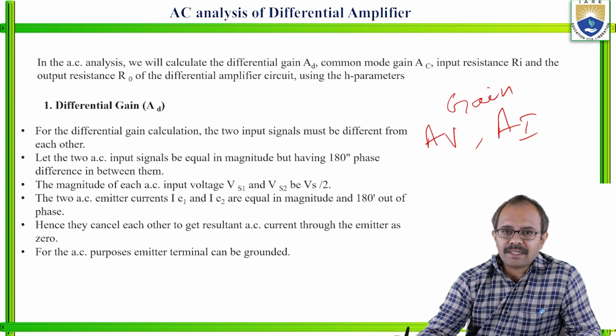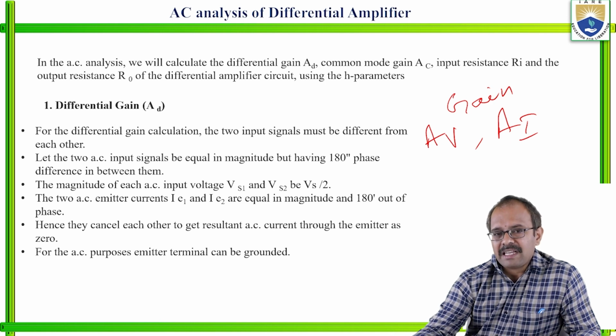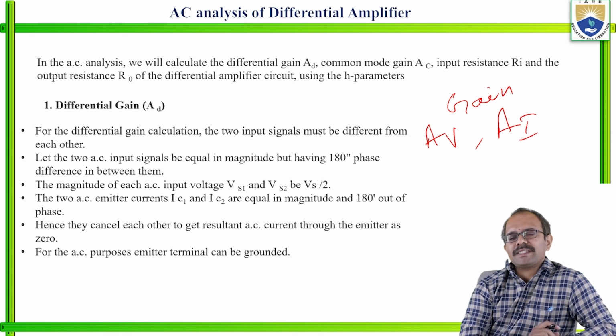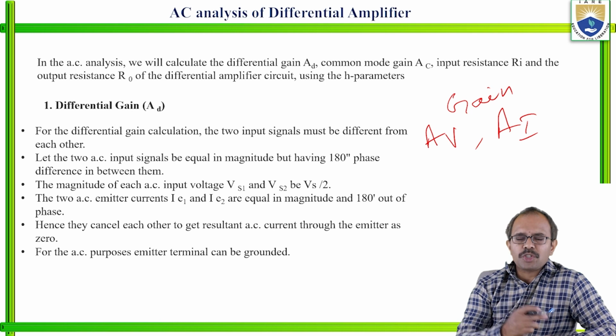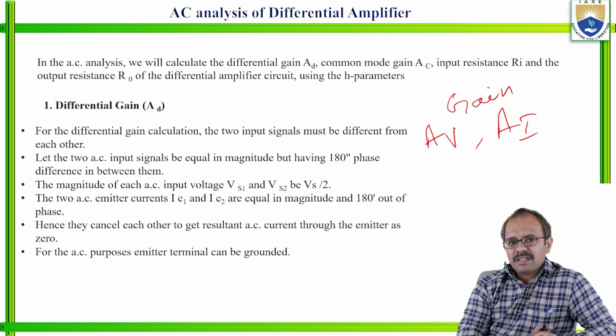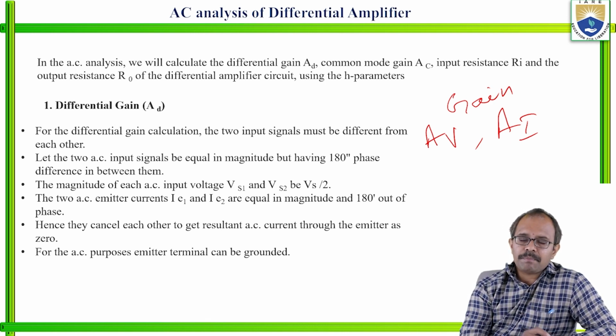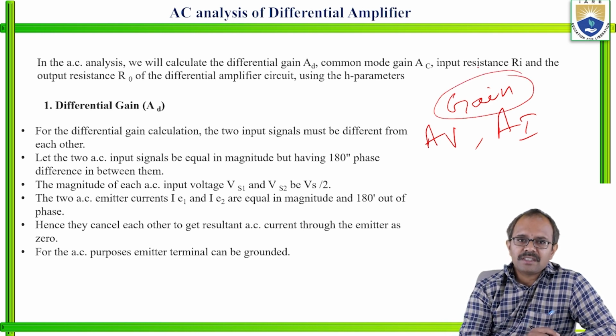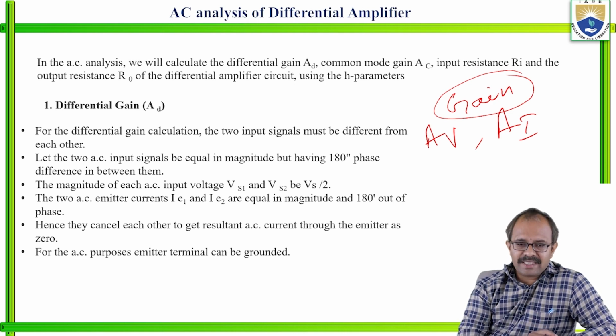If you want to determine these gain values, get the expression first. Get the expression for voltage gain and current gain. Then you can determine the values by substituting the corresponding values of the resistors and currents. That's not a big deal in fact. So the purpose of the AC analysis is to determine the gain expression.